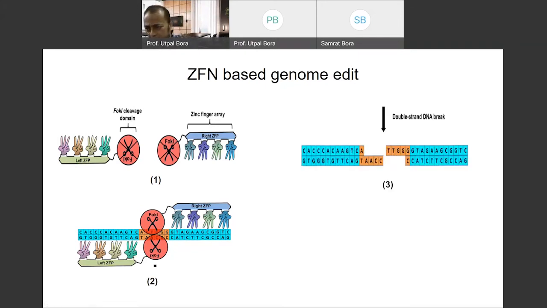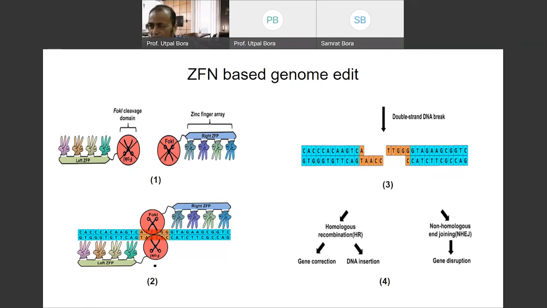You can see the double-stranded breaks here. This can be repaired by homologous recombination or non-homologous end joining. In homologous recombination, gene correction can be done by DNA insertion, whereas non-homologous end joining can cause gene disruption.